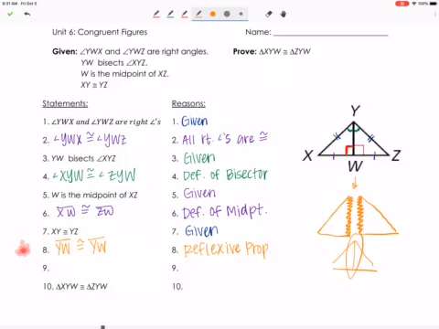I always like to explain that reflexive sounds kind of like reflective, which is a reflection in a mirror. When you look in the mirror, theoretically, you should look the exact same as you do in real life. So, sounds kind of silly, but that side should be the same as itself. It's been essentially just reflected right here, okay?